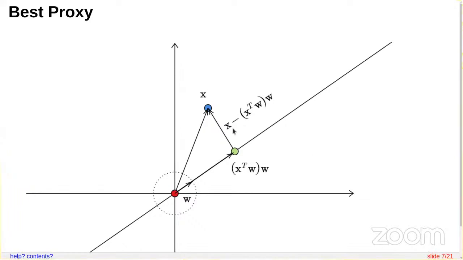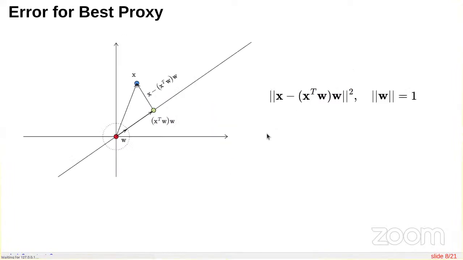The error is x minus the projection, point minus projection. Does anyone have any questions or confusions with this image? Okay, this is very important and we need to remember this.